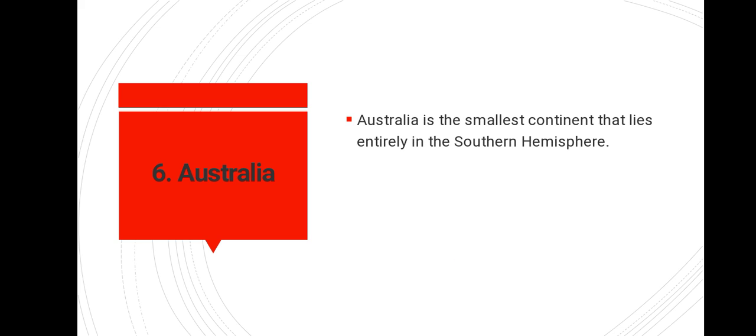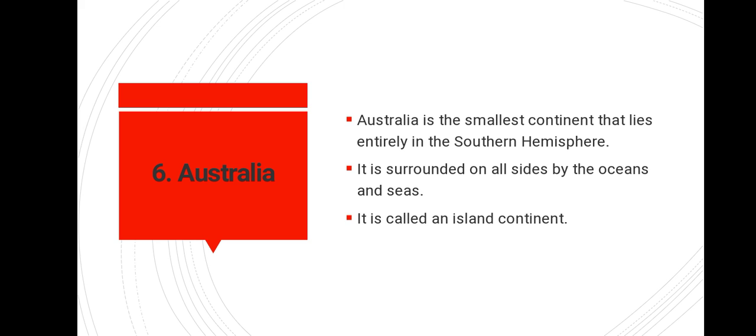Now, Australia. Australia is the smallest continent that lies entirely in the southern hemisphere. It is surrounded on all sides by oceans and seas.